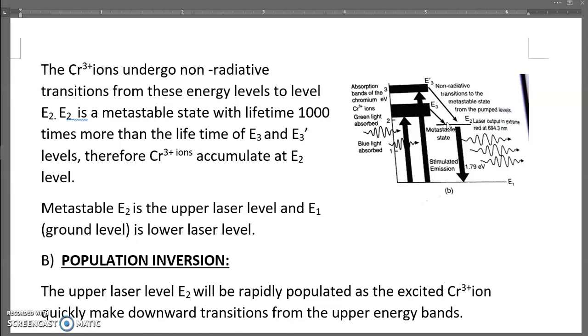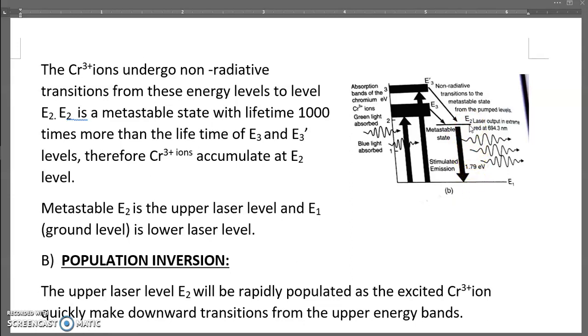In E2, the chromium ions, which are the active centers, keep on accumulating till they produce a population inversion between E2 and E1. So the number of atoms in E2 must be much higher, more than half of those in E1.